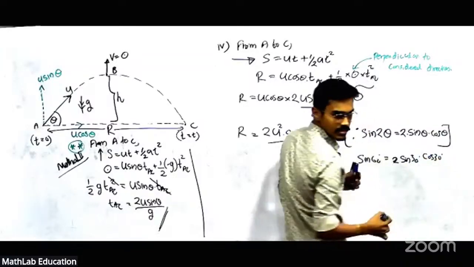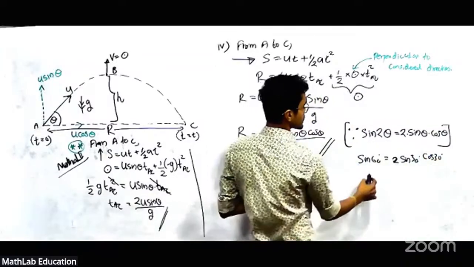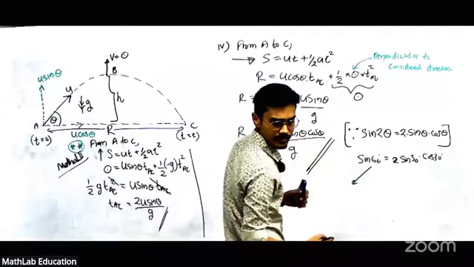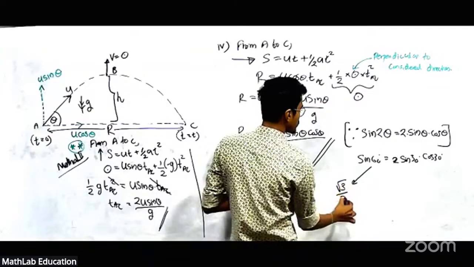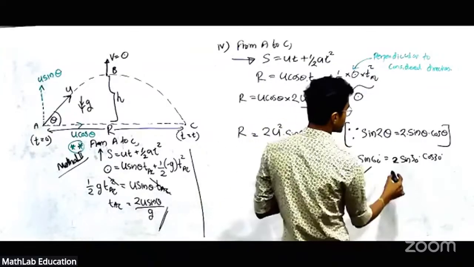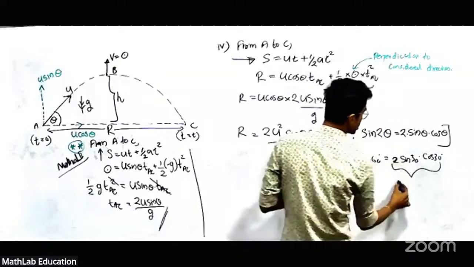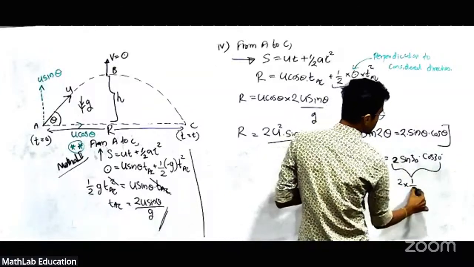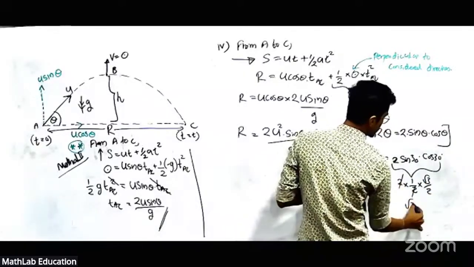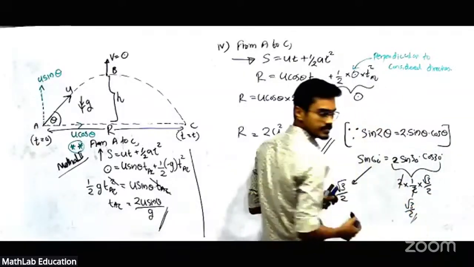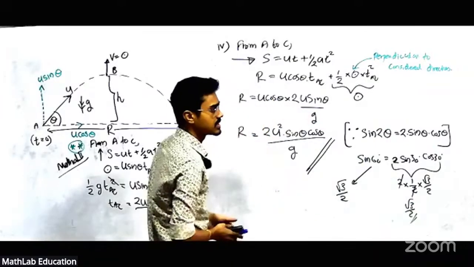Let's check whether it works. What's the value of sine 60? Root 3 over 2. Now simplify this side: 2 times sine 30 is 2 times half, and cos 30 is root 3 over 2. The 2s cancel, and root 3 over 2 comes again. This is valid for any angle.